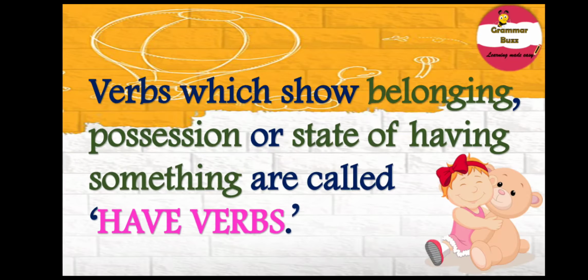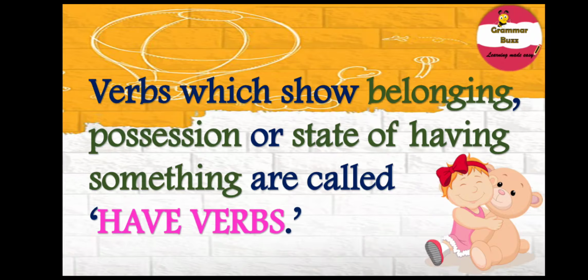It's time for us to find out something about have verbs. Well, you see, verbs which show belonging, possession, or state of having something are called have verbs, right? See, you already know that there are nouns, adjectives, and pronouns that show belonging or possession. They are known as possessive nouns, possessive adjectives, or possessive pronouns.